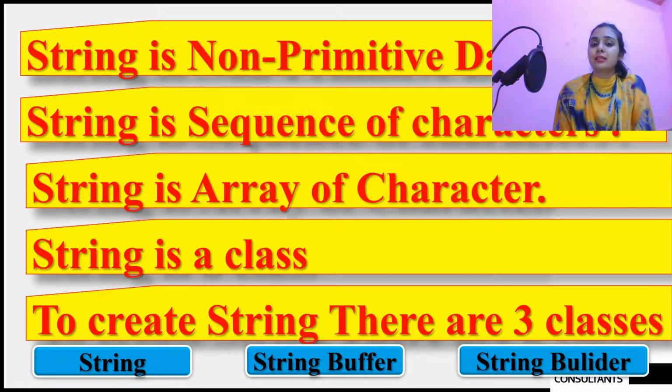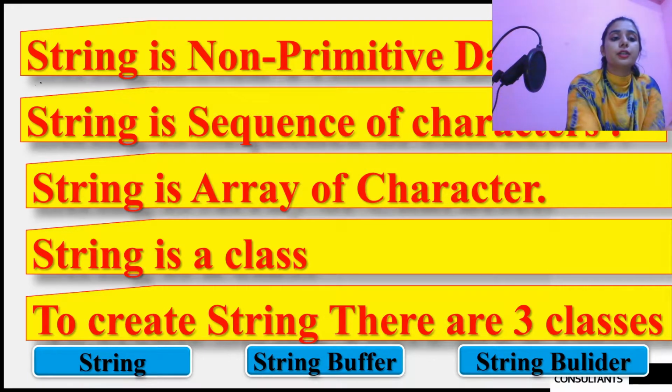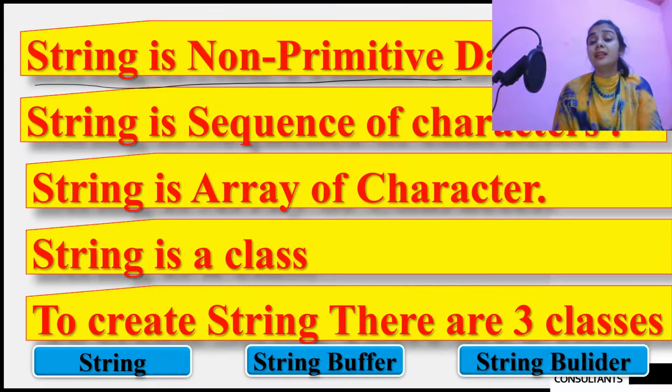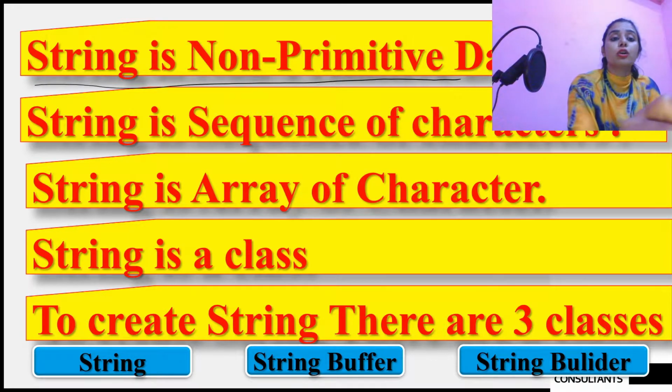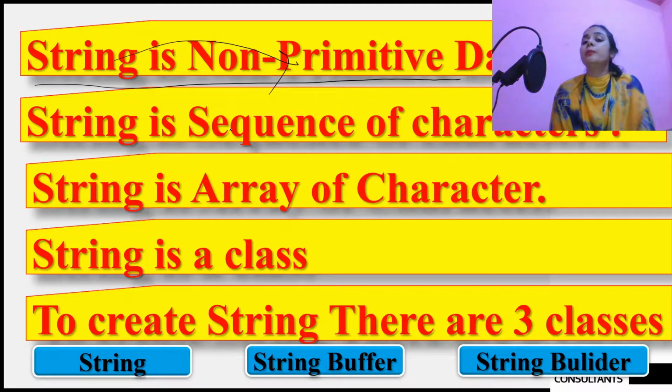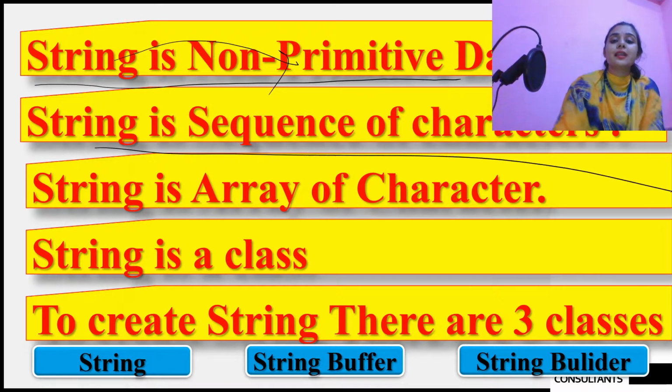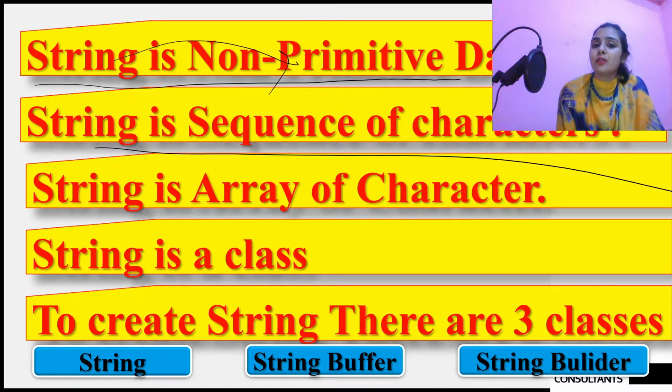Now a few more things. As you know, there are two types of data types, primitive and non-primitive. Our string is a non-primitive data type. A string is a sequence of characters, as we have already seen.